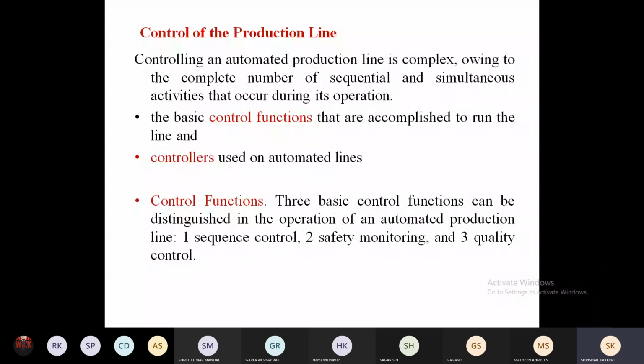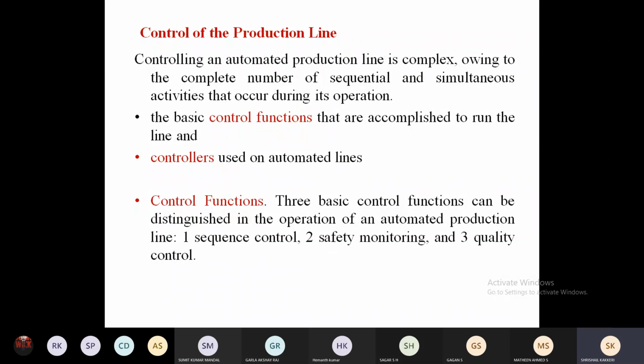what work is to be done next, like that. The sequential operations will be controlled by sequential control. Then safety monitoring: monitoring the safety of the system, the safety of the workers, the safety of the machine or mechanism itself, and the safety of the work part.